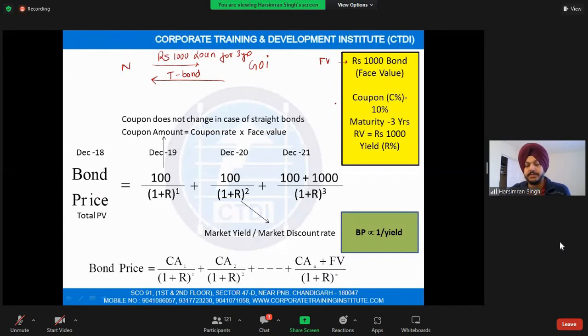The interest that the bond pays is known as coupon. 10% is the government's promised interest every year. This is the maturity. The government took this money for 3 years.